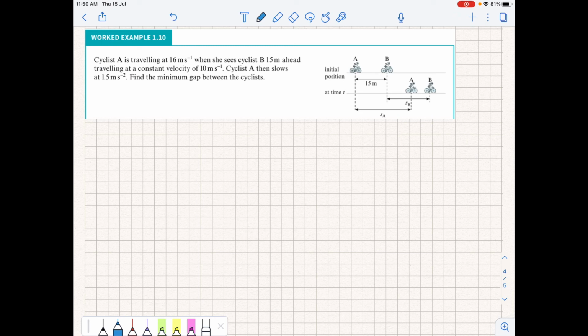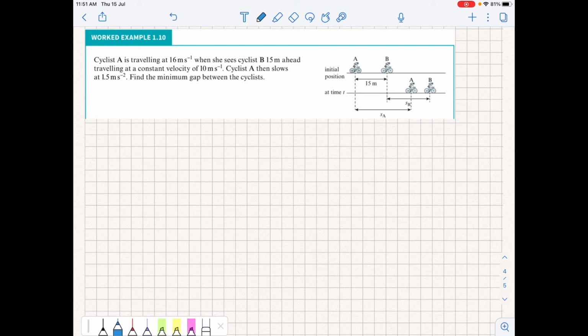Cyclist A, the faster cyclist behind, slows down at, and it should be implied that it is, a constant acceleration of 1.5 meters per second squared. What we want to do is find the minimum gap between the cyclists. So cyclist A sees cyclist B and starts slowing down immediately.